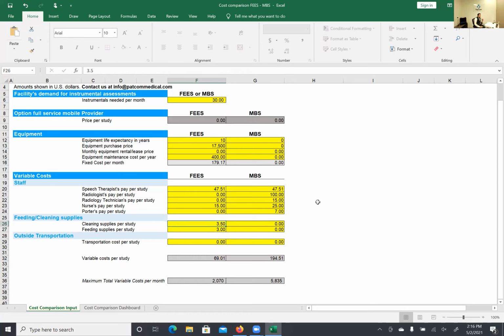And then on the MBS side, we might have no cleaning supplies, although I'm sure they do clean their equipment in radiology, but we'll leave that at zero. And then for the feeding supplies, you would have your barium, depending on how much that is. Maybe that costs you $8 per patient. Then we have outside transportation here.